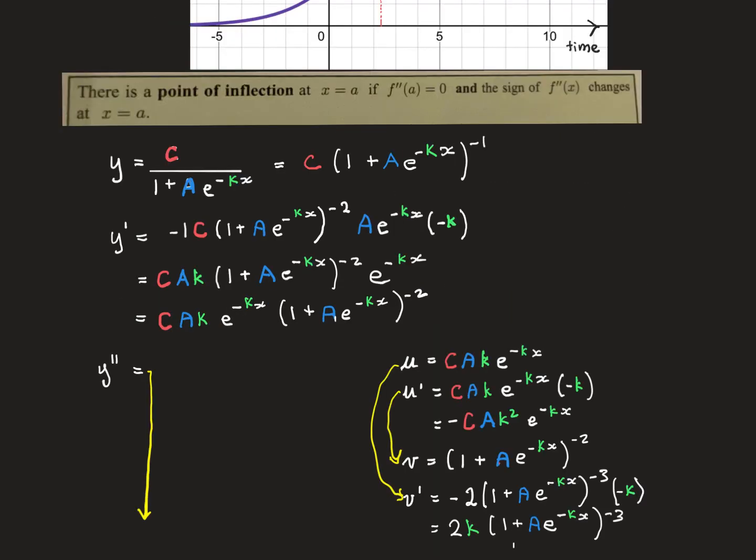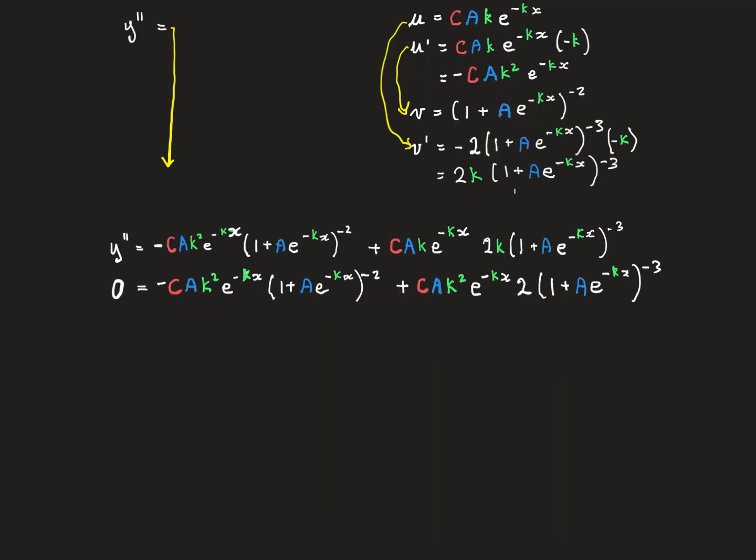Let's remind ourselves of what we were trying to do. Well, it says that there's a point of inflection at x if f double dash is 0. So we need to now make our equation equal to 0. Now this allows me to move all of this to the left-hand side.